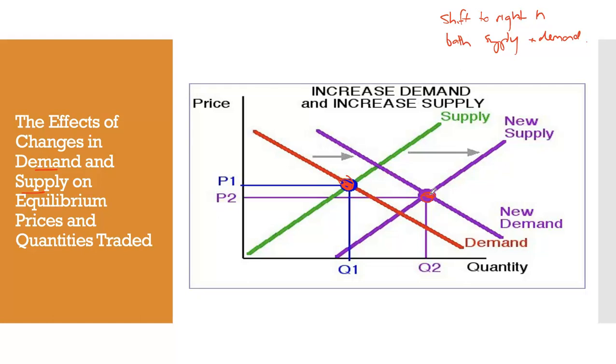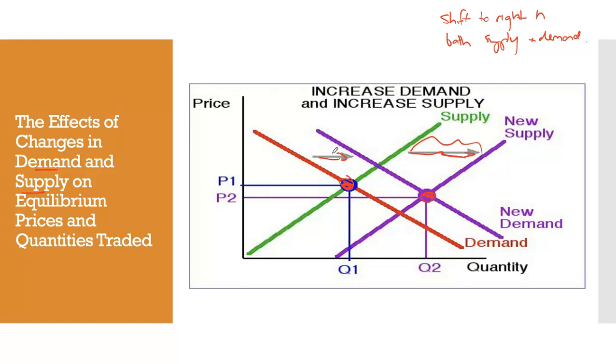It just so happens in this case that price has gone down and quantity has gone up, but that's because the increase in supply is bigger. You can see it's a bigger change than demand. More supply than more demand results in price going down and quantity going up. It's about really understanding those concepts.